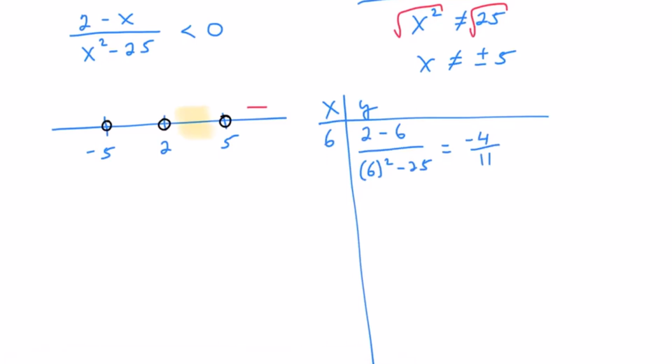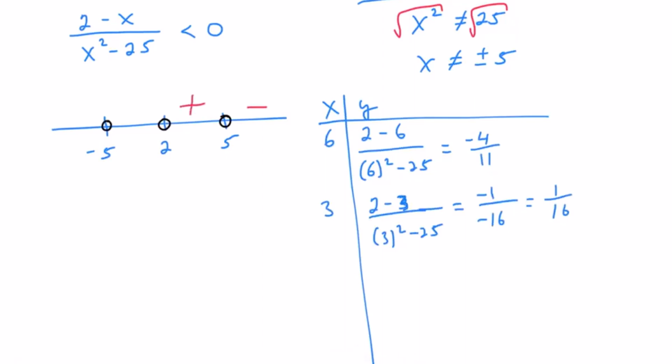We need a number that's between 2 and 5. So let's pick 3. So 2 minus 3 over 3 squared minus 25. So this is negative 1 over negative 16, which is 1 over 16.